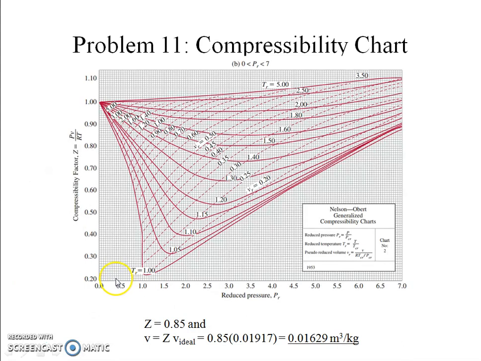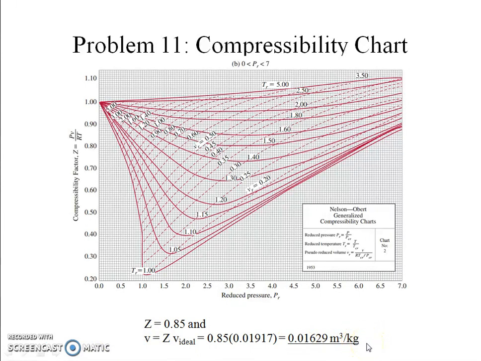It will be somewhere over here. If I go on this curve, what I find is that it's approximately 0.85. So my Z value is approximately 0.85. Now in order to calculate the specific volume, I will just multiply the specific volume which I got from the ideal gas equation with the compressibility factor Z. If I do this, I get my specific volume as 0.01629 meter cube per kg.